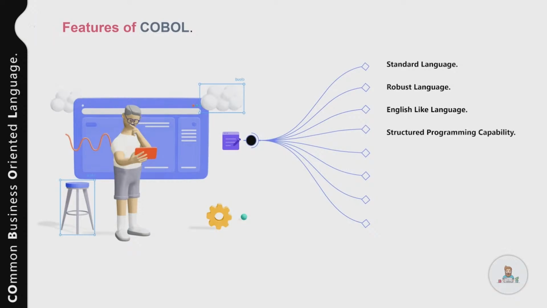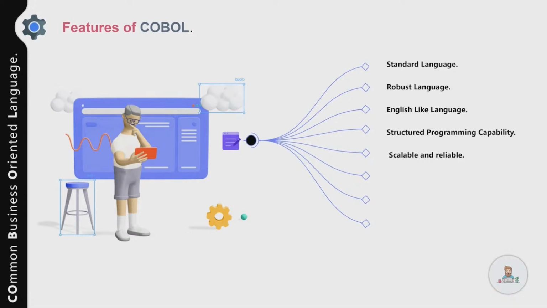Now the next one is structured programming capability. The term structured programming refers to a collection of techniques that help a programmer to develop structured programs. And as you know, a COBOL program is divided into different divisions and each division has its own significance. For example, if you want to include your business logic, you generally use the procedure division, and in the procedure division, the business logic can be divided into paragraphs or sections.